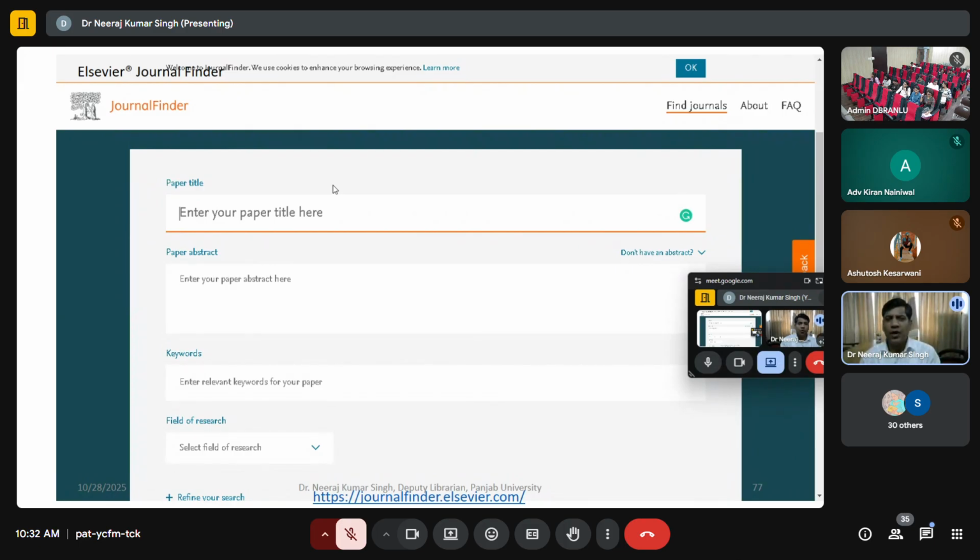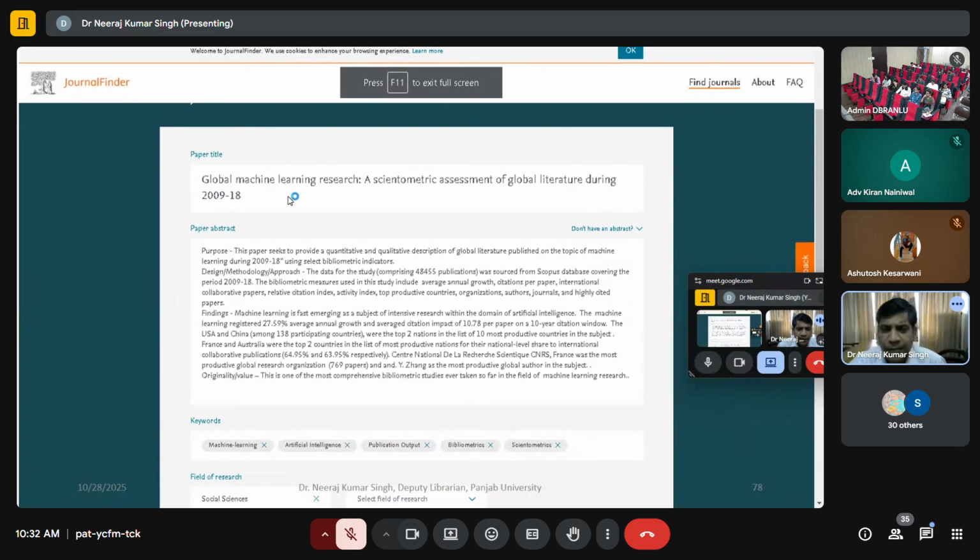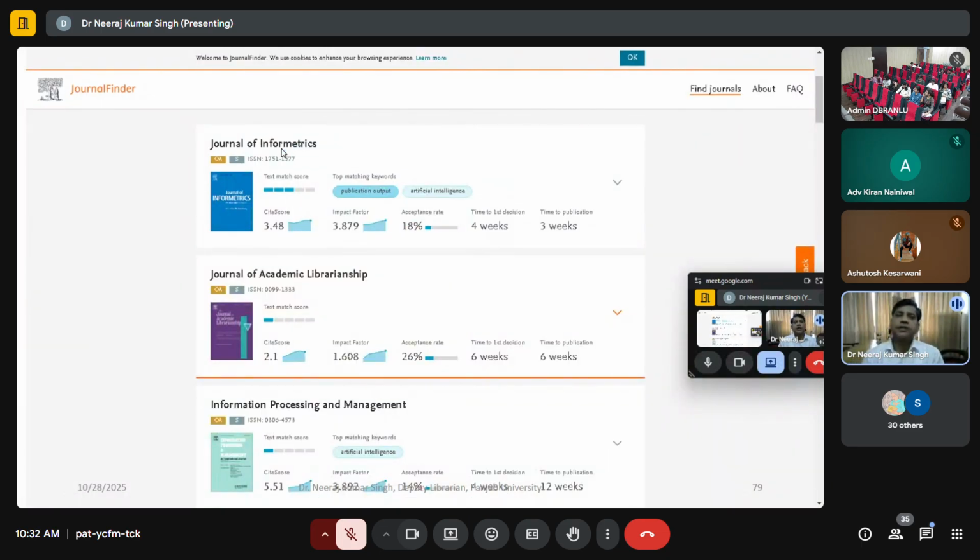Simply go to Google, type this. Here you have to write the abstract, title, keywords, and subject area. It's a free tool. Simply go to Google, type Elsevier Journal Finder, follow these steps, like for example this, and it will give you the chances of possibility of publication of your research in an Elsevier journal.